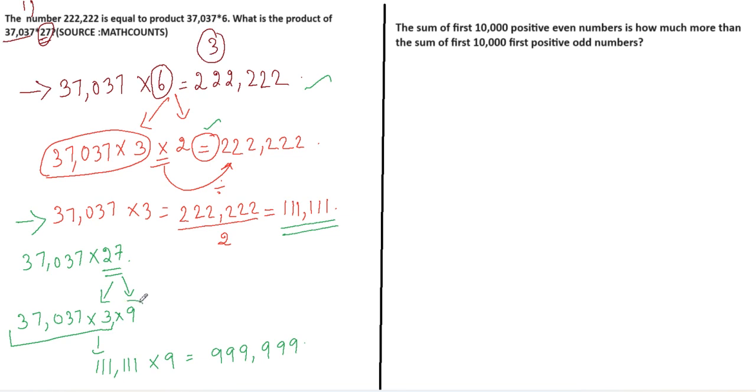So how can you write 27? You can write it as 9 into 3. The value of 37037 into 3 is already found out here. You can see you have found it as 1,11,111 into 9. So when you multiply that, you get 9,99,999. Okay, so this is how you need to approach the problem.